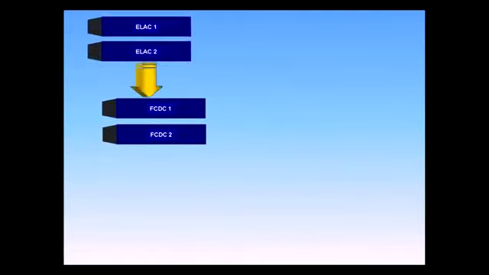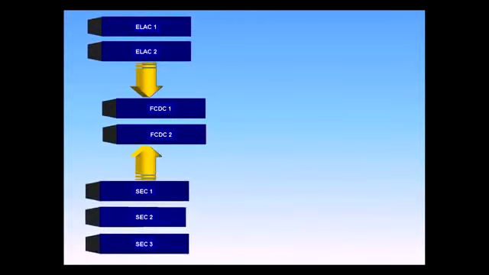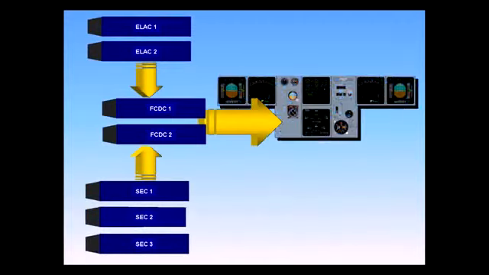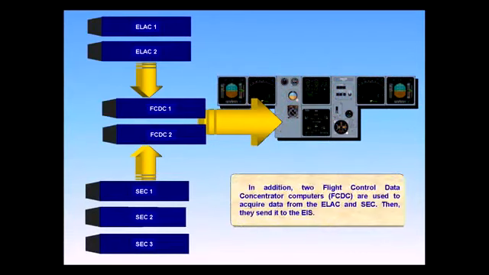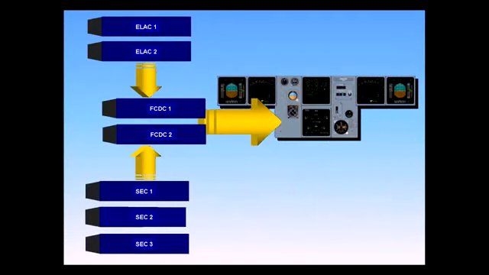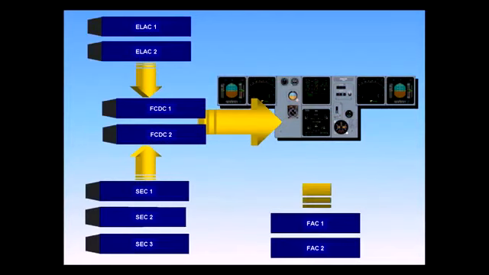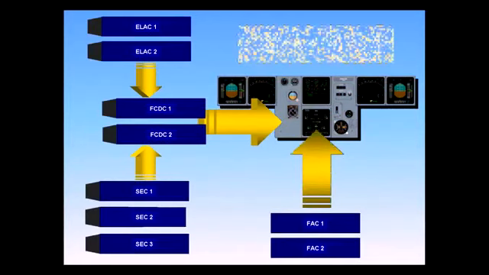In addition, 2 flight control data concentrator computers are used to acquire data from the ELACs and SECs. Then they send it to the electronic instrument system. The data from both FACs is sent directly to the EIS.